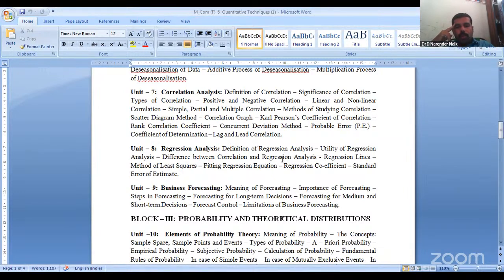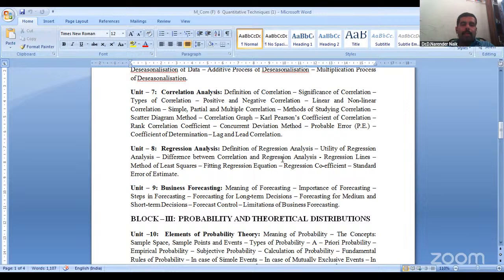What is regression analysis? The definition of regression analysis, utility of regression analysis, difference between correlation and regression analysis, regression lines, methods of least squares, fitting regression equation, regression coefficient, standard error of estimate.